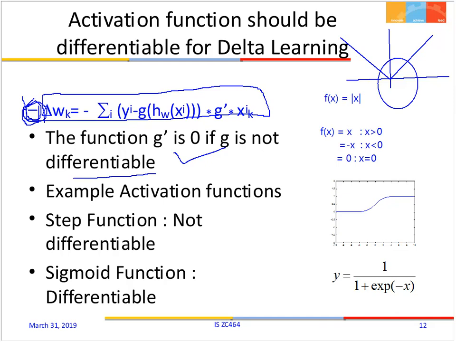So can you write a step function f of x equals, let us say, 1 when x is greater than some threshold, and f of x is equal to 0 when x is less than or equal to some threshold, right? How will you draw this? The step function will be drawn as a step. Can you visualize this?